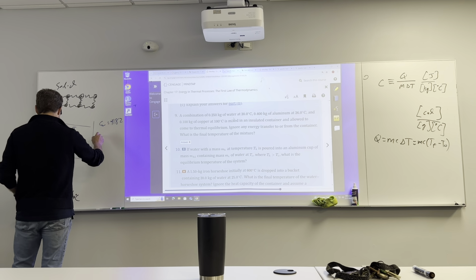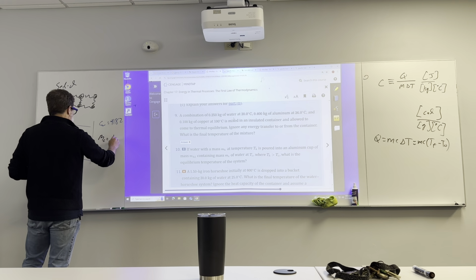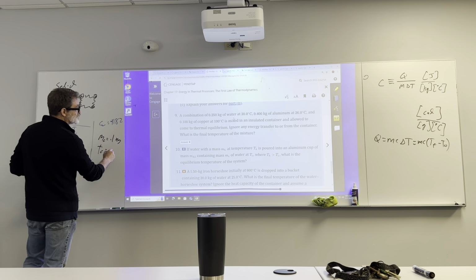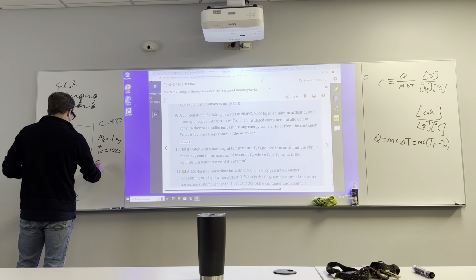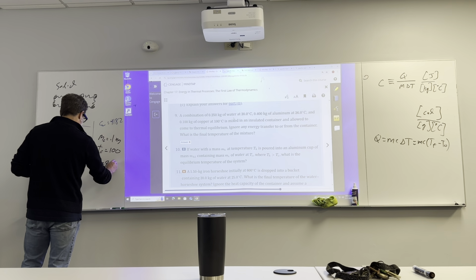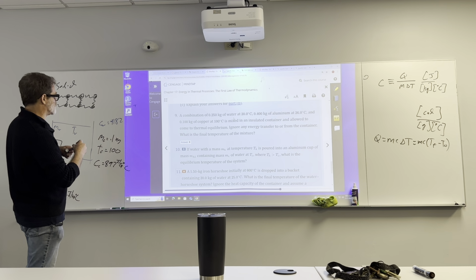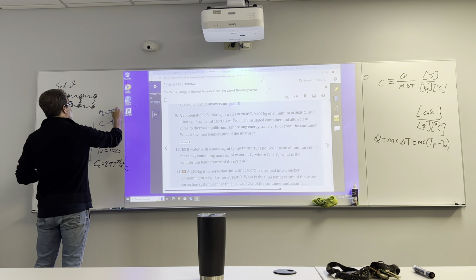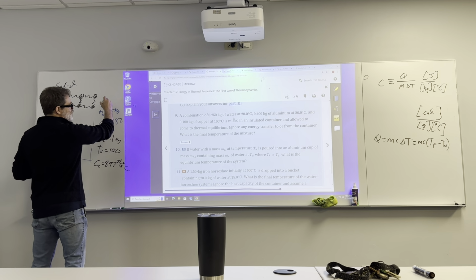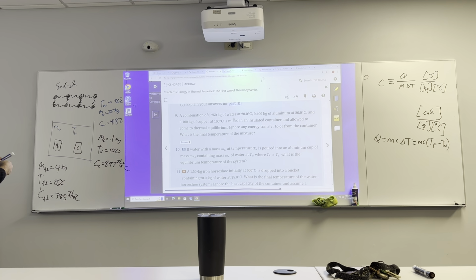And then copper, mass of copper is 0.1. Temperature of copper is 100. Specific heat of copper, 897 joules per kilogram Celsius. The water was 0.25, and the temperature of water is 20 degrees Celsius. Right? Okay.